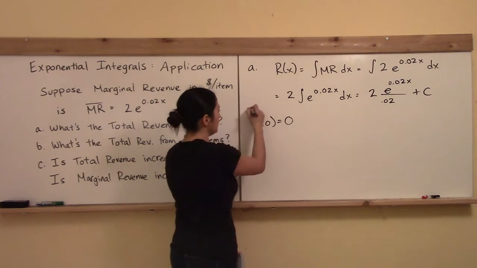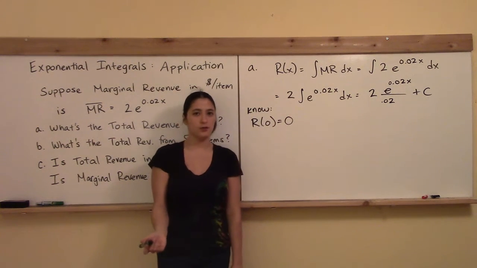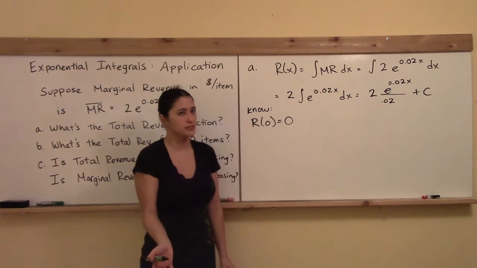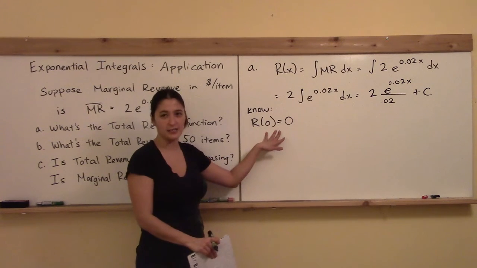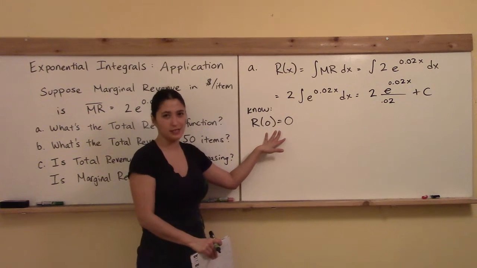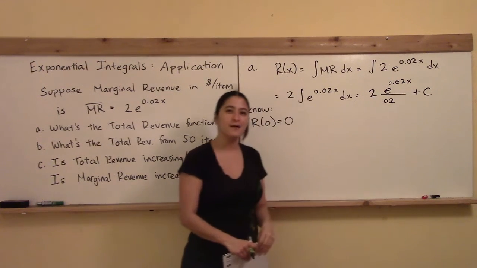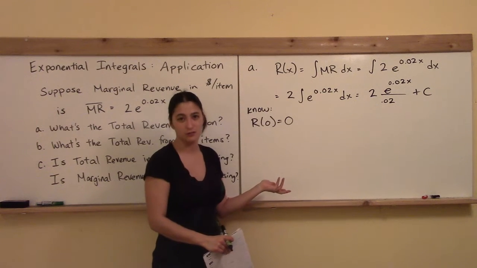Now this fact right here is something that you always know. Your total revenue, if you sell 0 items, should be 0. Otherwise, it really wouldn't make sense where you're getting that money from, right? So I know this for a fact, but what I'm saying is this doesn't necessarily imply that the c is going to be equal to 0. It turned out that way a lot for the polynomials, but not as much for the exponential functions.